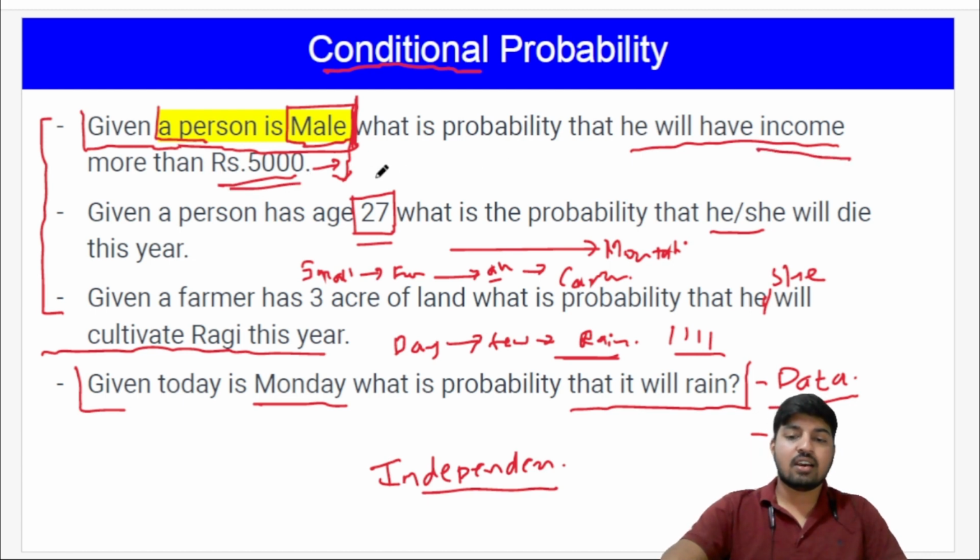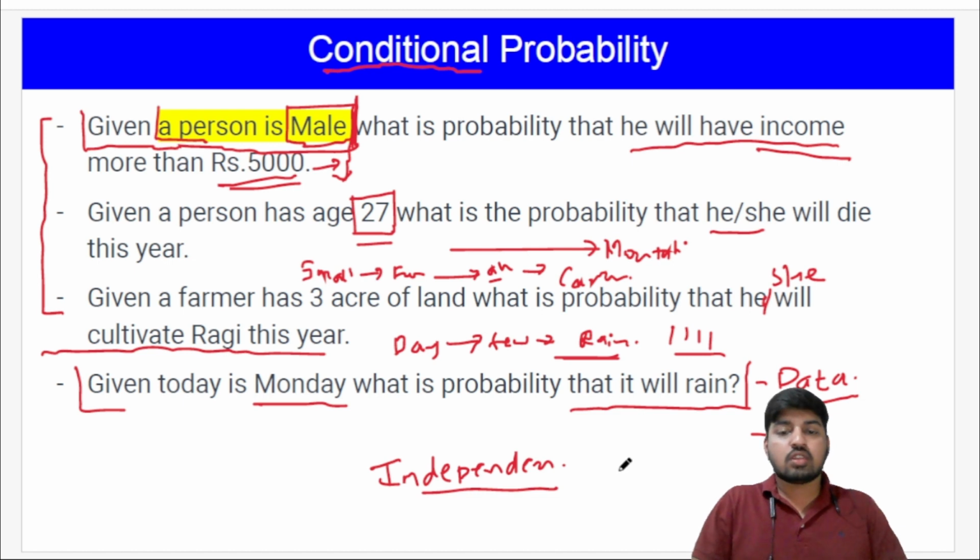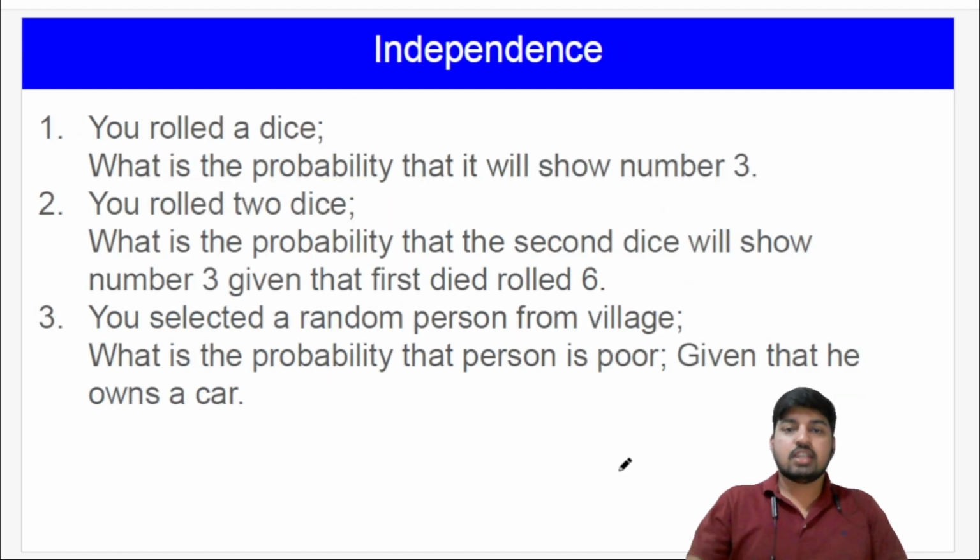Whether the second event is directly or indirectly dependent on the first event. Whenever we are thinking about conditional probability, dependence or interdependence is what we need to think about. So this leads to our next part, how to check dependence and independence.